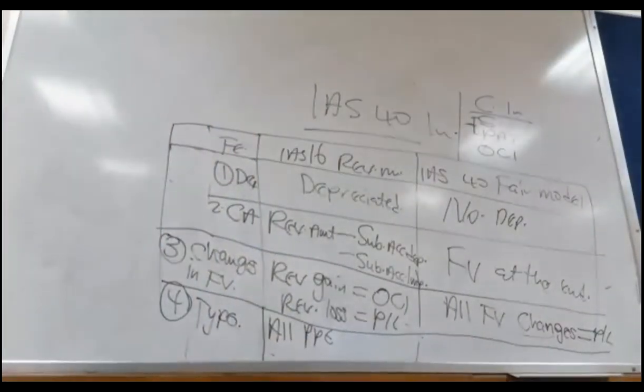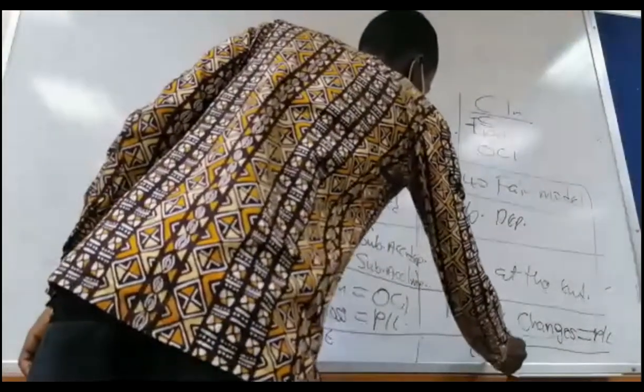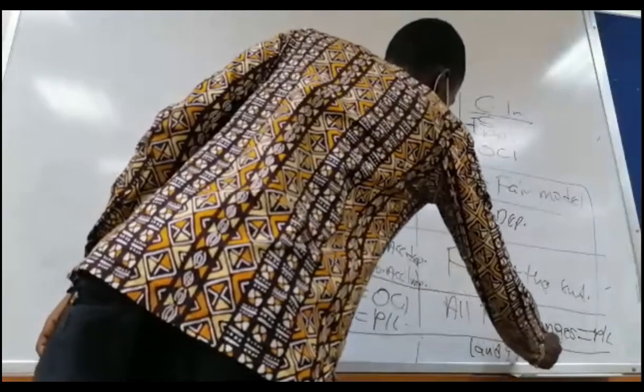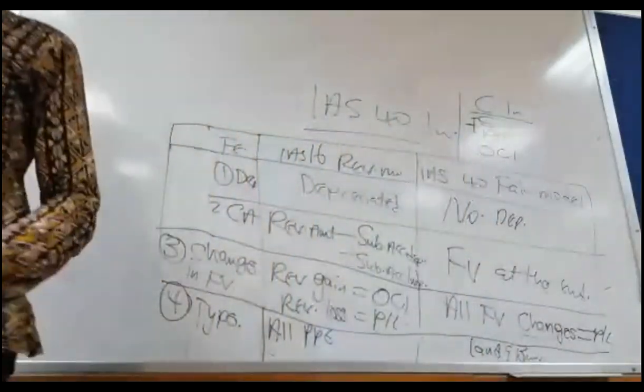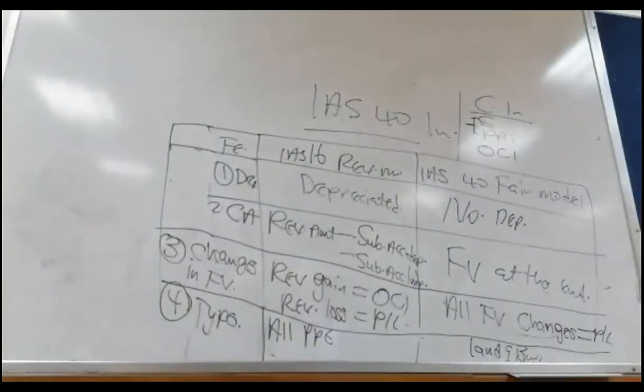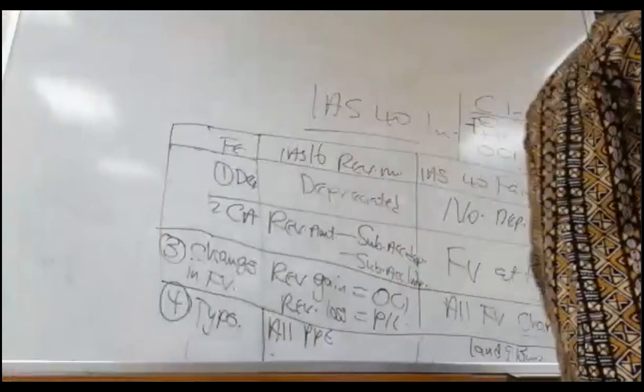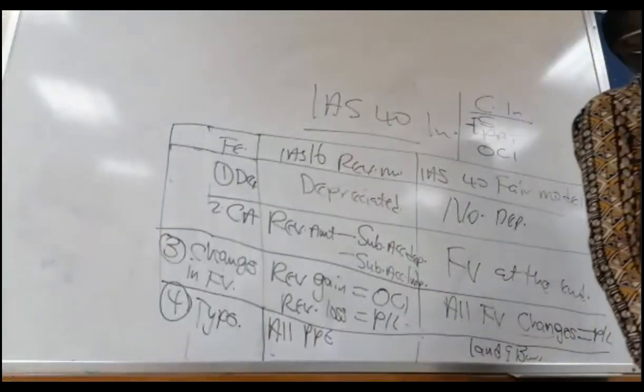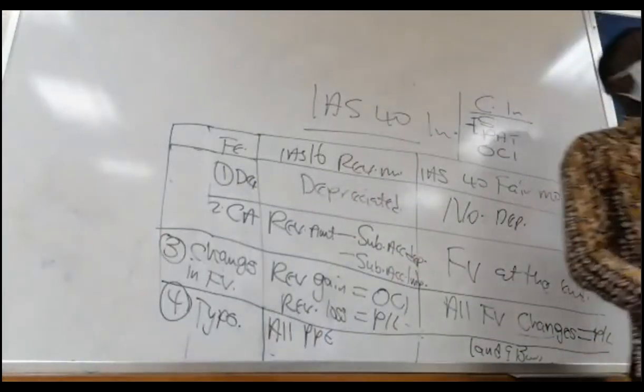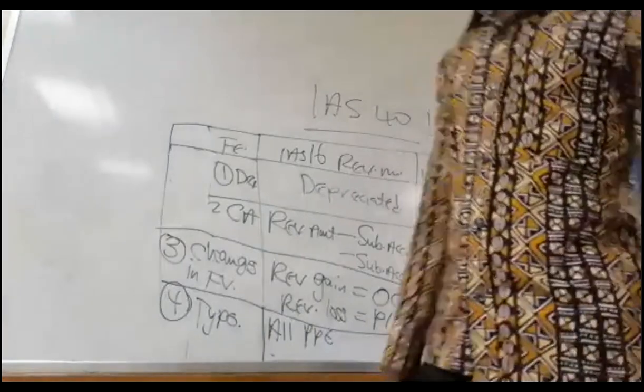Land and building. IAS 40 applies only to land and what? Building. Property made up of land or building, or part or both.